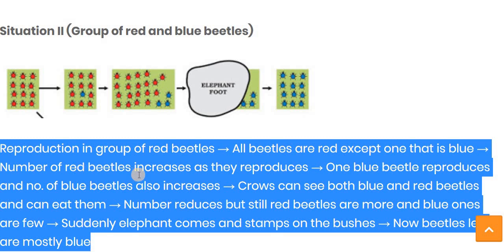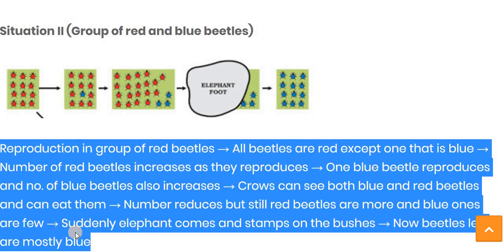Now the number of red beetles increases as they reproduce, and the one blue beetle reproduces and the number of blue beetles also increases. Now the crows can see both the blue and the red beetles and can eat both. The numbers are reduced, but still the red beetles are more and the blue ones are few.